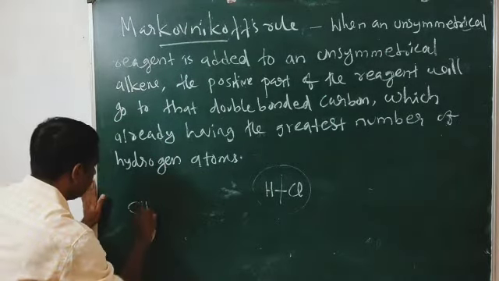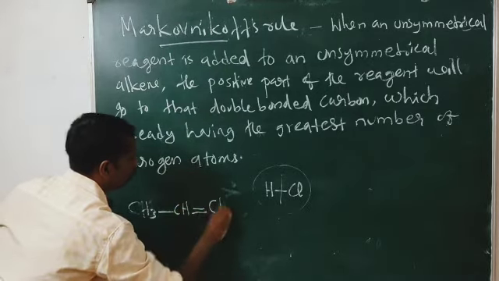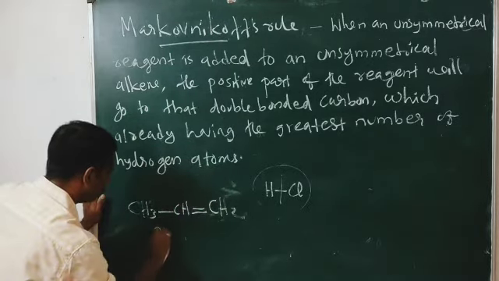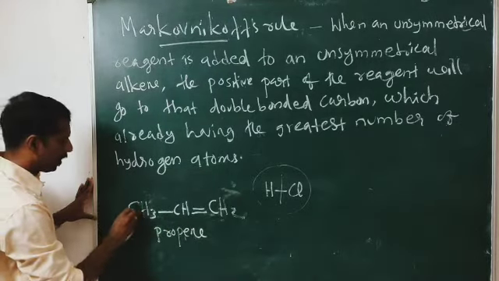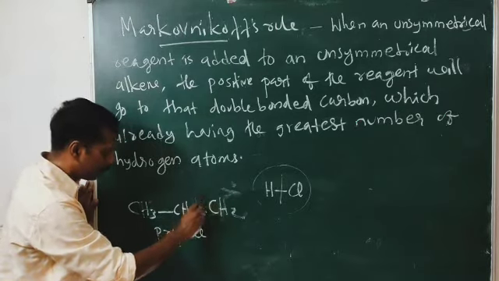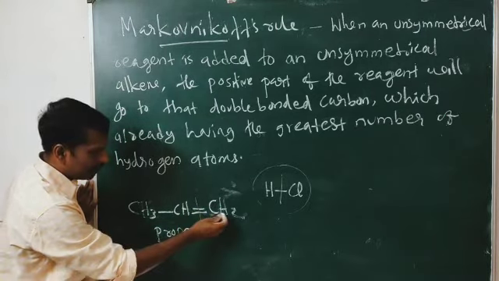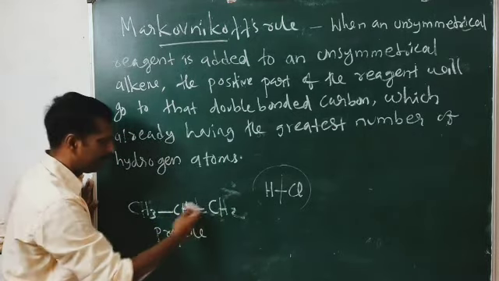Suppose we take CH3 CH double bond CH2. What is this one? This is propene. Now look here, this is an unsymmetrical alkene. Look at the double bond: right side CH2, left side CH3. So this is not symmetrical, they are different.